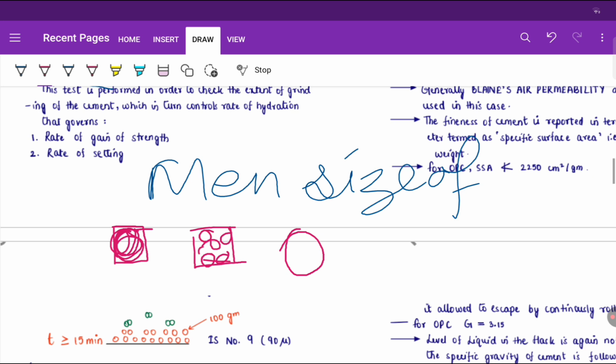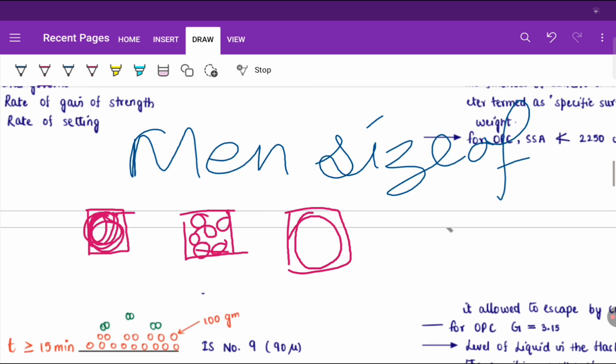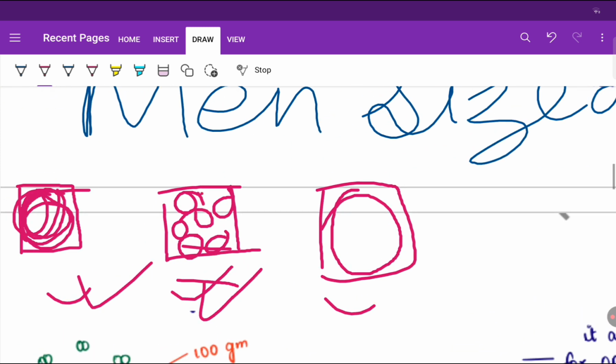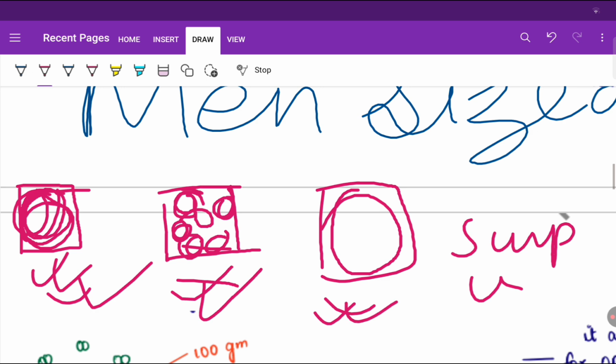Here it is a single particle. If I consider the fineness, the mean size of the particles, the specific area, then surely the finer one will have more specific area than these two, because if I calculate the surface area, all of them will sum up and give more surface area.